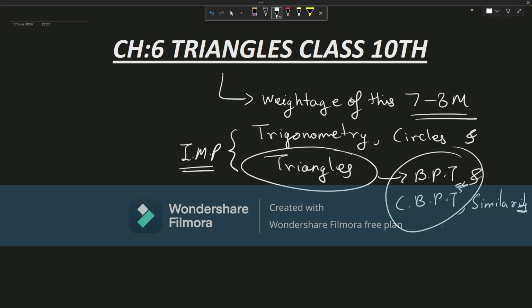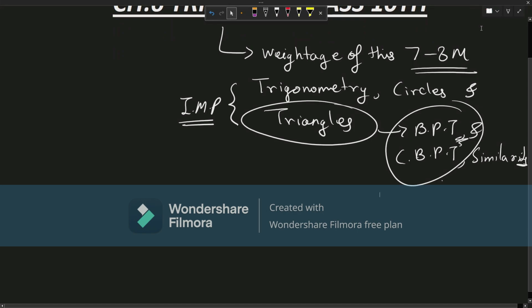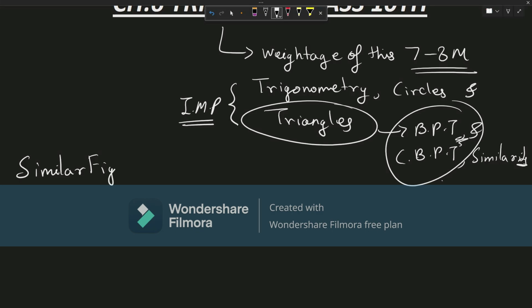Now let's begin. Let's talk about similar figures. Now, what do you mean by similar figures? Similar figures, you mean they're identical? Yes. Now you might say that similar figures are the figures which have identical shape and same size.